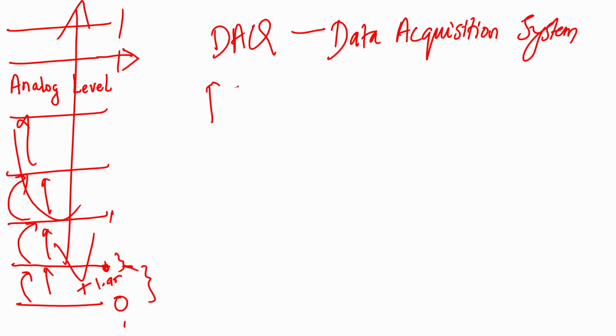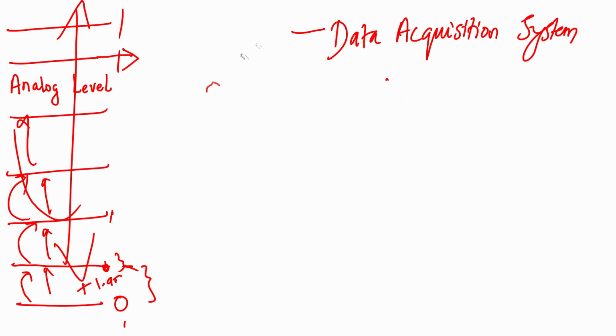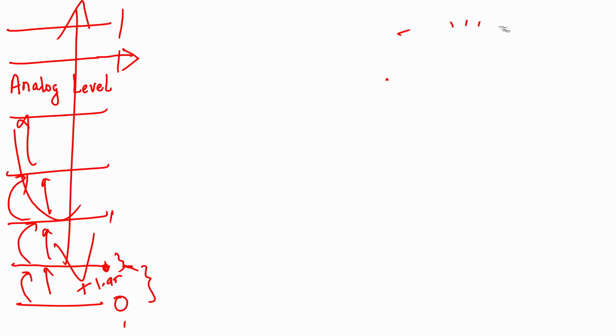And then there is DAC, that is digital to analog converter. So we have seen the concept of how the digital word converts to the analog value, correct? And there are a lot of circuits which will be covered in the theory part, to do digital to analog conversion, and there are also discrete ICs, integrated circuits, that do this conversion, correct?